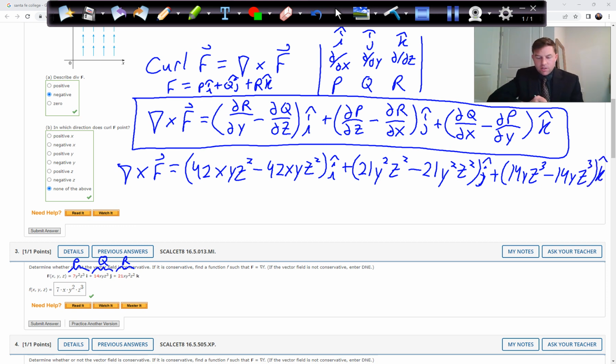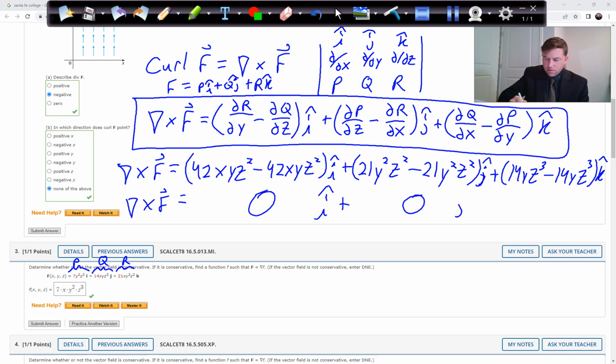And if you look, these terms all are exactly opposite and equal, so we're going to get the curl of F is 0 in the i, plus 0 in the j, plus 0 in the k. And if we get that, we say that this is a conservative vector field. So we're going to say F is conservative.